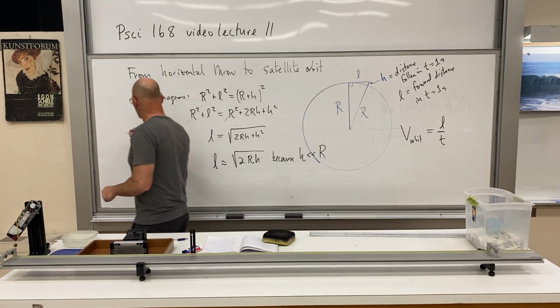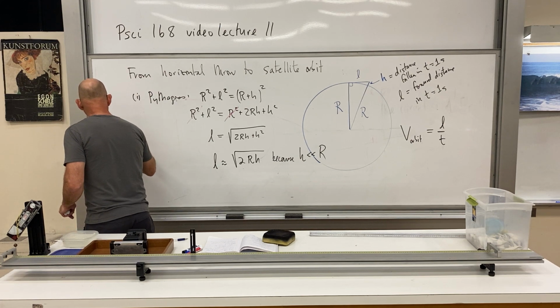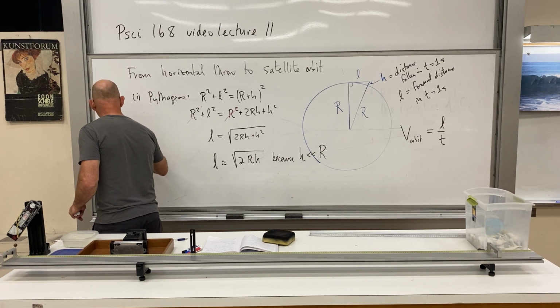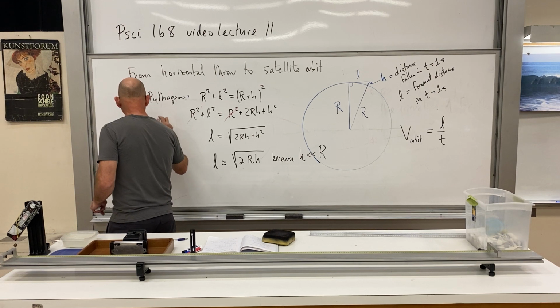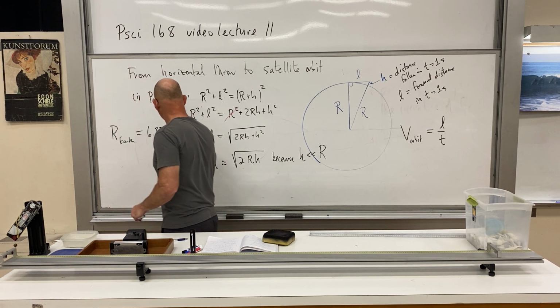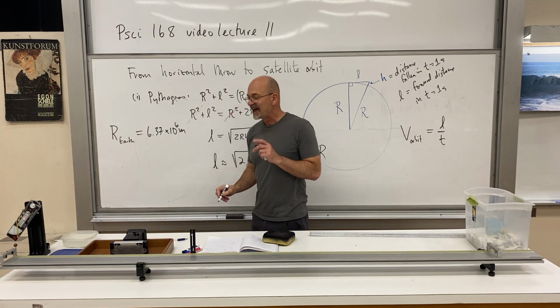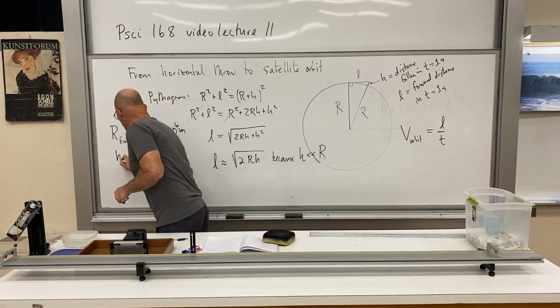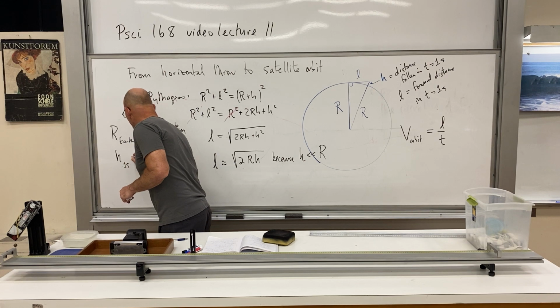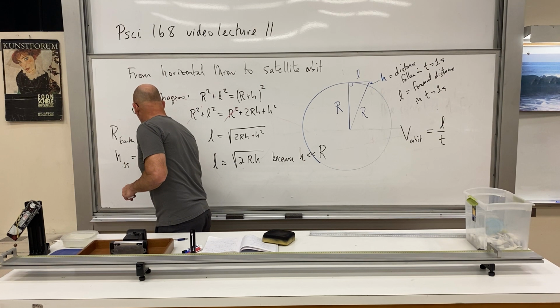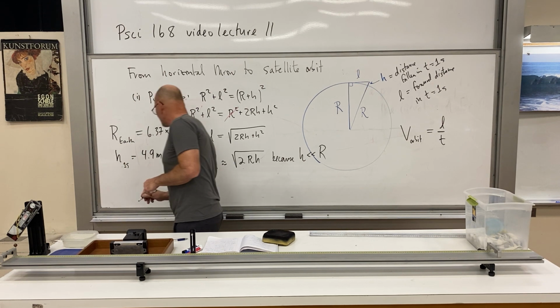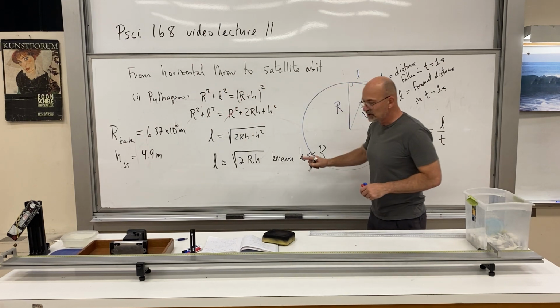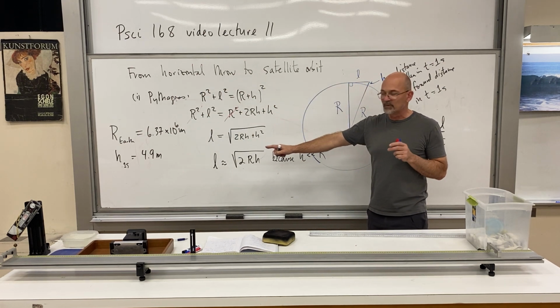Now, what do we have? R for the Earth is equal to 6.37 times 10 to the 6 meters, and h for 1 second is equal to 4.9 meters. So what you're going to do, I'm going to do, but you guys plug it in with your calculator.